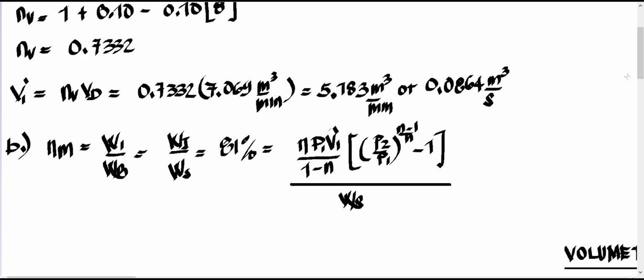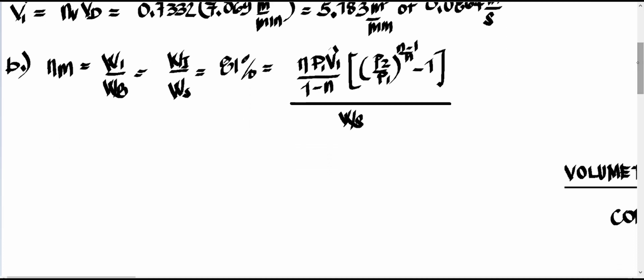Since the pressure P1 is available, V1 prime is already computed, and N is given, we can directly solve for the work of the shaft.